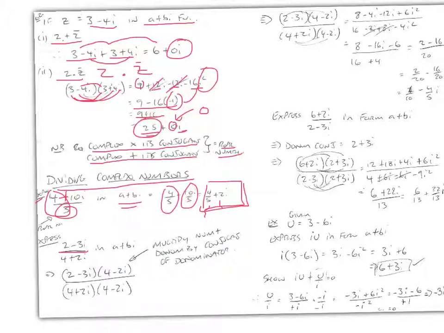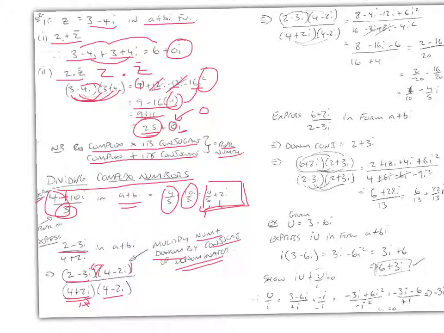Let's divide a complex number, 2 minus 3i, by another complex number, 4 plus 2i. Okay? And the way we do this is we multiply the numerator and the denominator by the conjugate of the denominator. So the denominator is 4 plus 2i, so up here we have 4 minus 2i, that's the bit multiplied, taken care of, and we also multiply down here by the conjugate of the denominator.